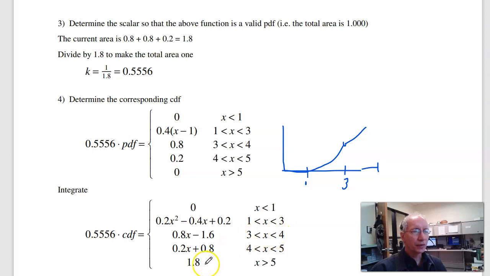And above 5, the integral of 0 is just a constant, and that should be 1.8. So that result, when I solve, the CDF equals 1. All probabilities add to 1 eventually.